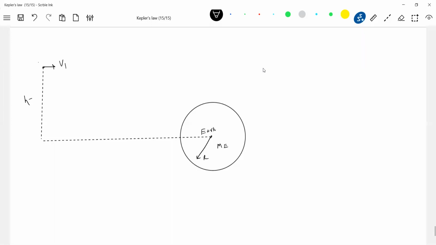I know this h; I'll put it as 4r. Now, when it grazes the surface, what will be the speed? So what is the condition? This particular missile, or better say rocket, is projected from far away such that it will graze the earth. So when it is grazing the earth, what will be the speed?